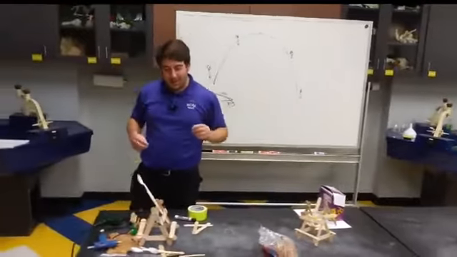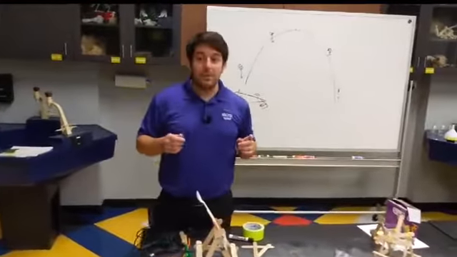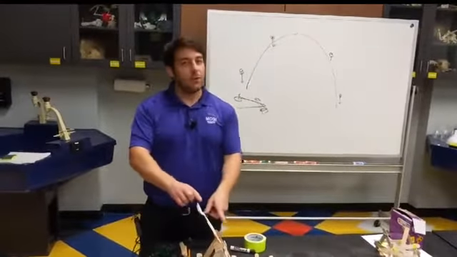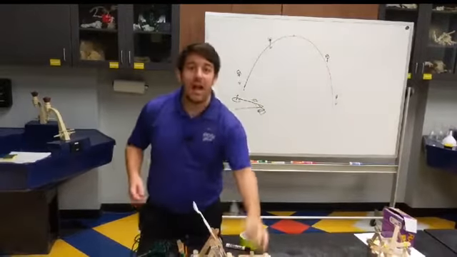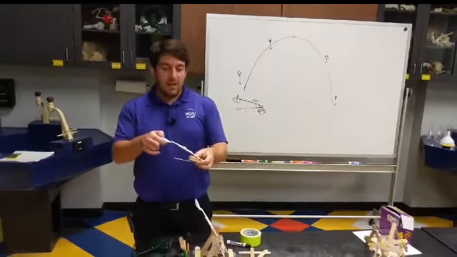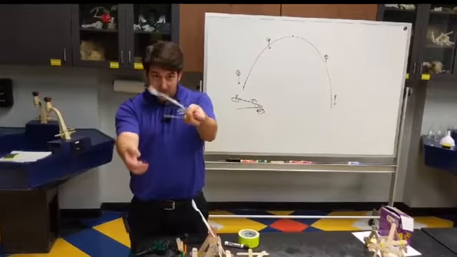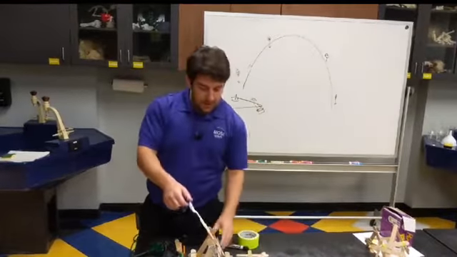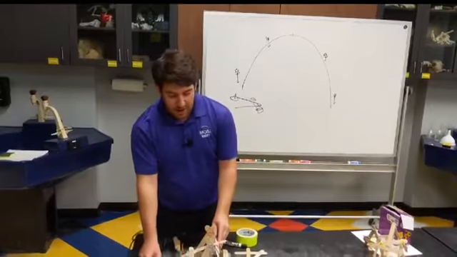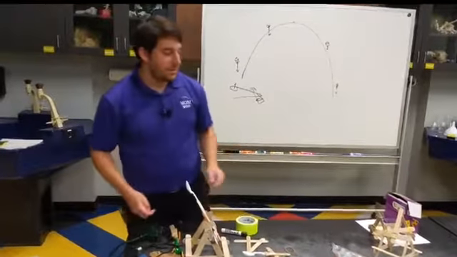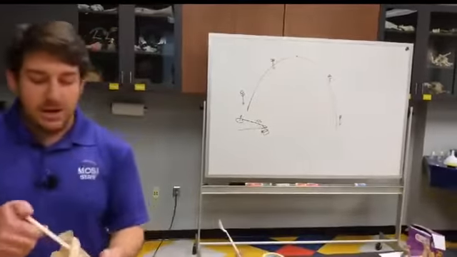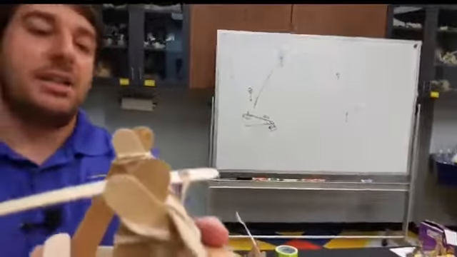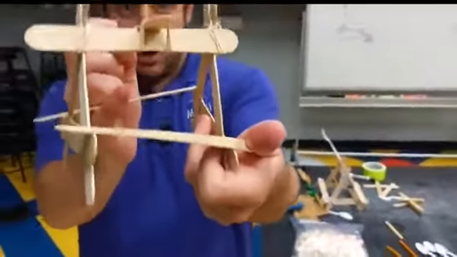Nice, that's awesome. Now, there are a couple reasons why, even though this is at a 45-degree angle, it wouldn't go as far, and that's because there's not as much potential energy, right? This, when we flicked it, was very quick, versus this is just held together by some rubber bands. Now, this one I made a little bit tighter, and you can see when I bend it, it actually bends the stick underneath.